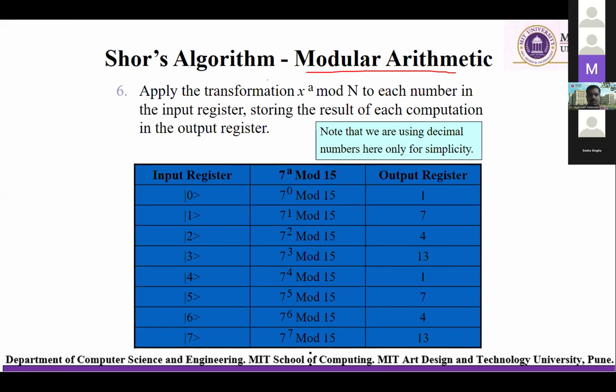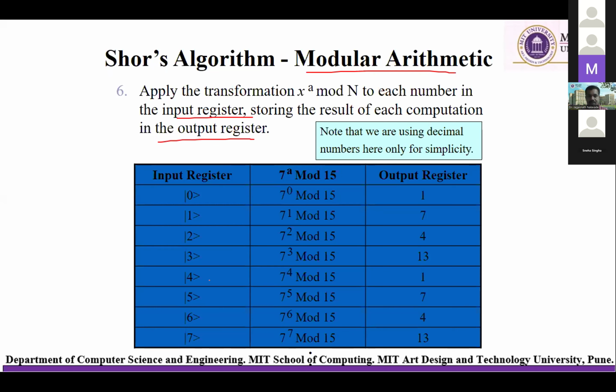Okay, so this is the 6th step in Shor's algorithm. Apply the transformation x raised to a mod n to each number in the input register, storing the results of each computation in the output register. Note that we are using decimal numbers here only for simplicity.